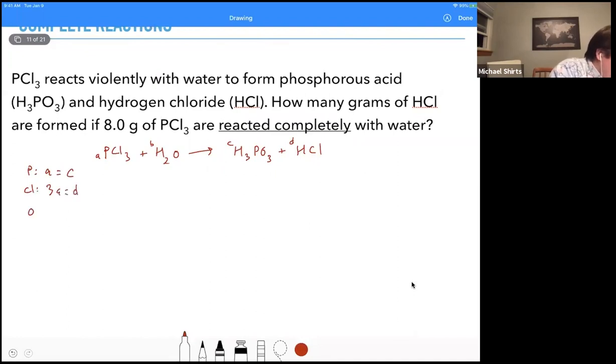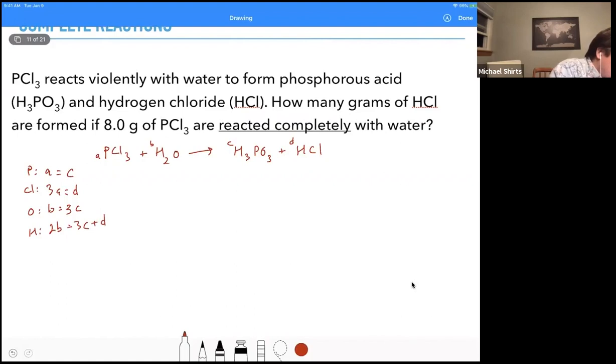For oxygen, we get B, 1 from water, is equal to 3C, because there's 3 in H3PO3. And for H, we have 2B equal to 3C plus D. All right, so let's assume that A is 1. Why not? So if A is 1, C is 1.